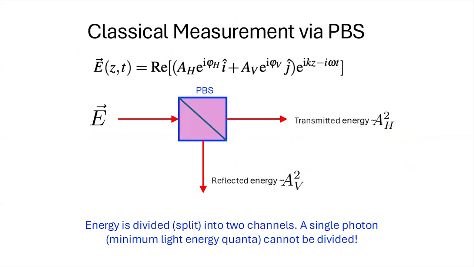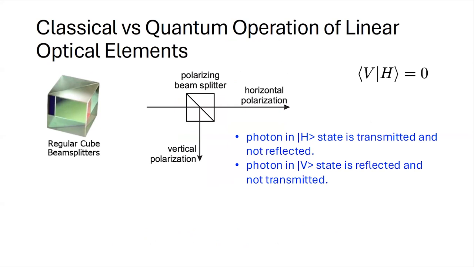But can we do this with a photon really? Because by definition, a photon is the quantum of light, and quantum of light means indivisible. It is an indivisible energy packet of light. So there is a difference between sending a classical signal and a quantum signal to the simplest beam splitter.